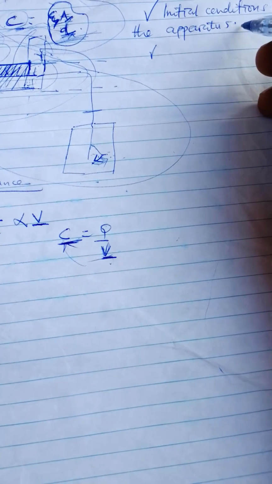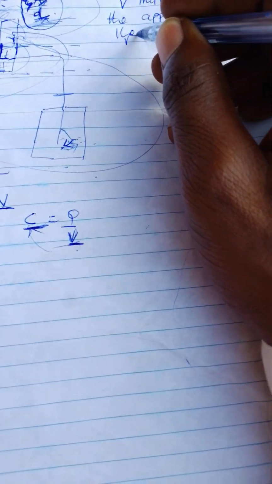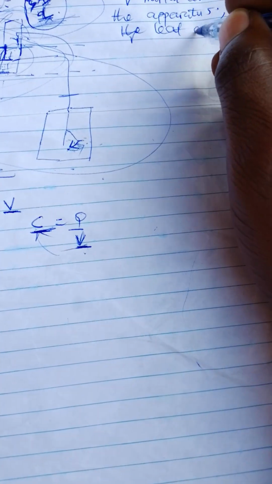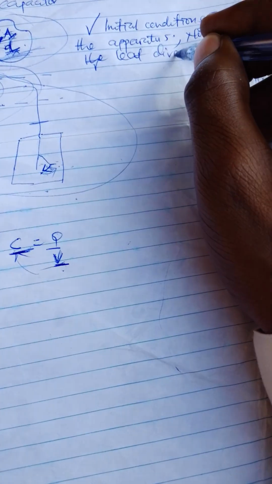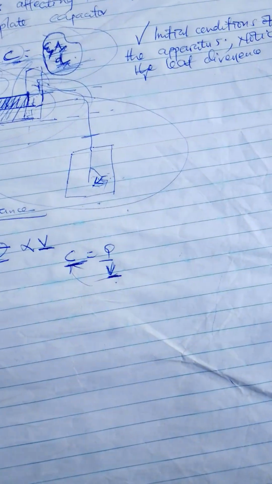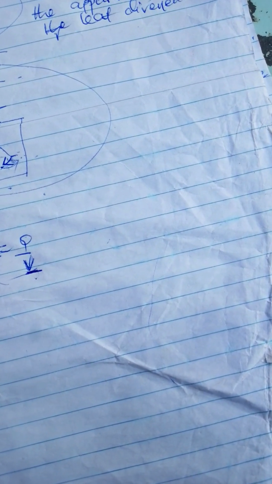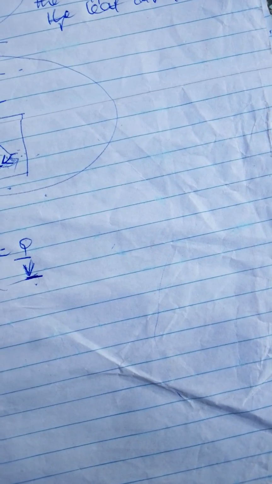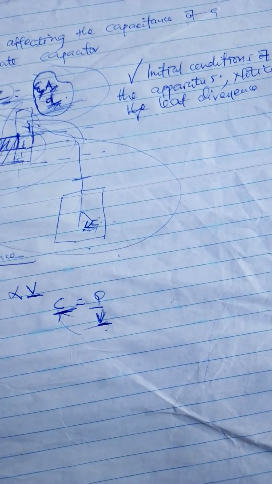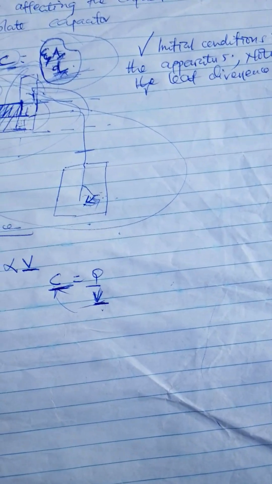Then I notice the leaf divergence. Don't say the leaf is seen to increase in divergence. No, initially it had collapsed, but when I connected the possibly charged plate, I have to just take the what? See the angle of deflection.